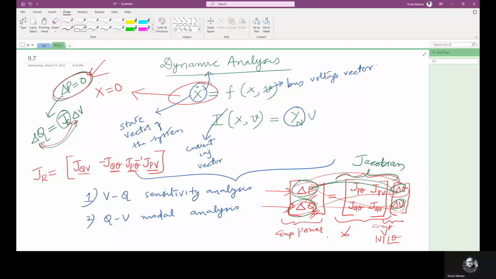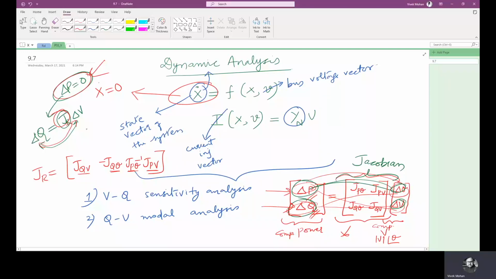Now, if we take the inverse of JR, we will get the QV sensitivity.